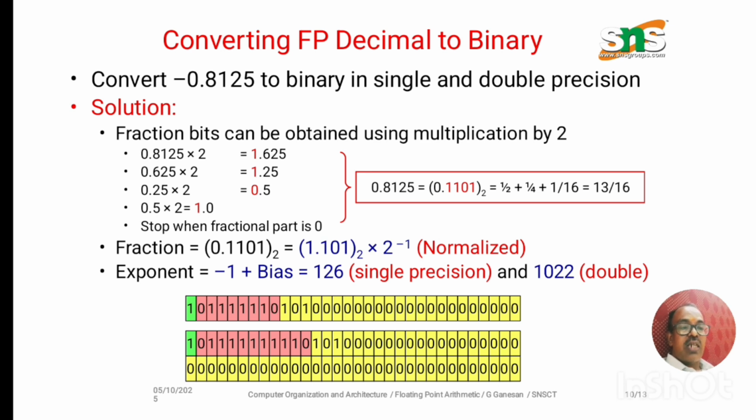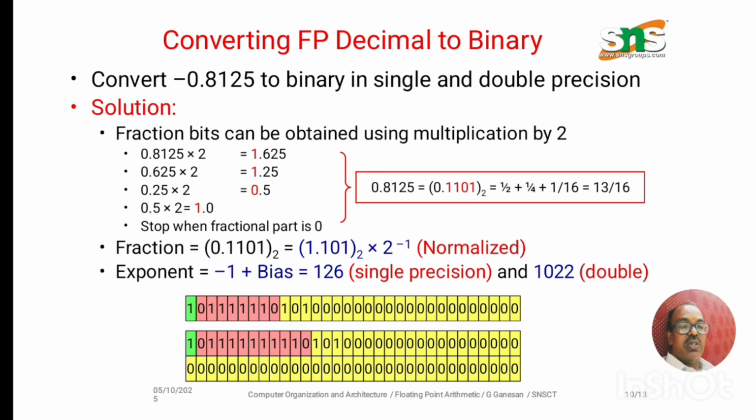So the fractional part is written as 0.1101. Here we convert 0.1101 into normalized form. What is meant by normalized form? The leftmost bit we consider as 1. So 1.101 is the normalized form of the floating point number.